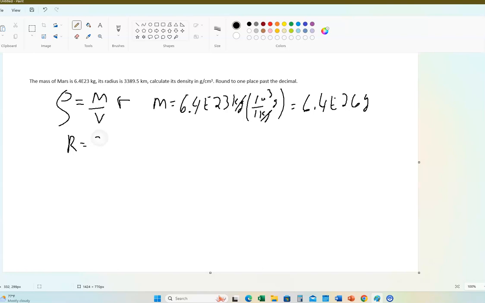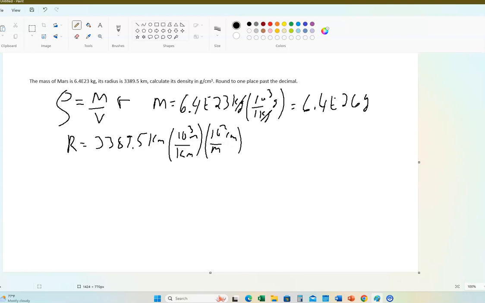All right, so we got 3389.5 kilometers, and we do the exact same thing. 1 kilometer is 10 to the third meters. 1 meter is 10 to the second centimeters.